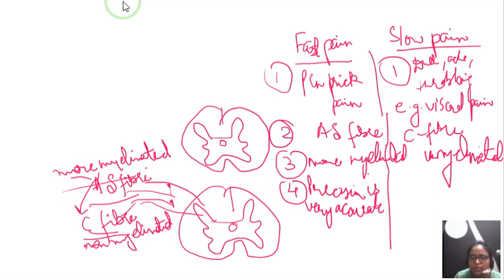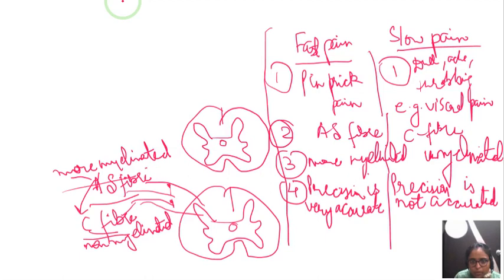That is your slow pain. So these are the points of the fast pain and slow pain.